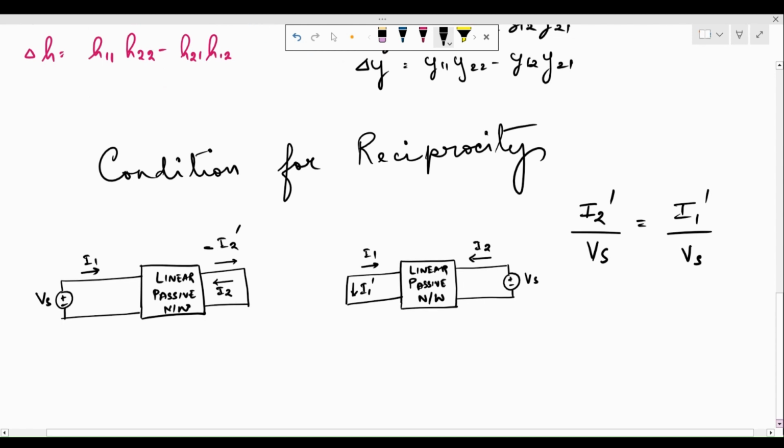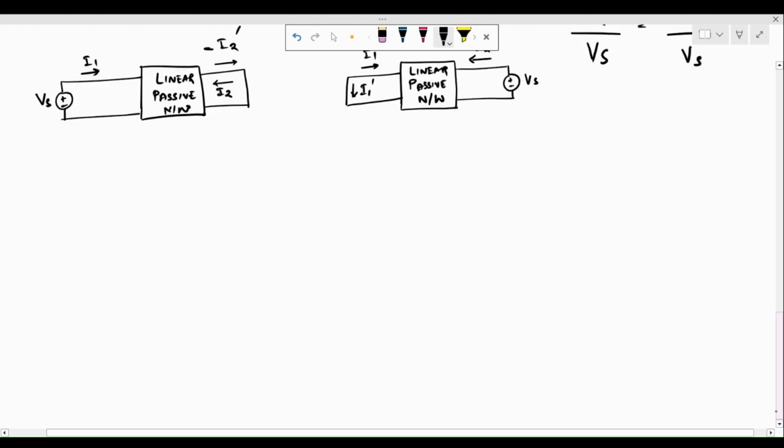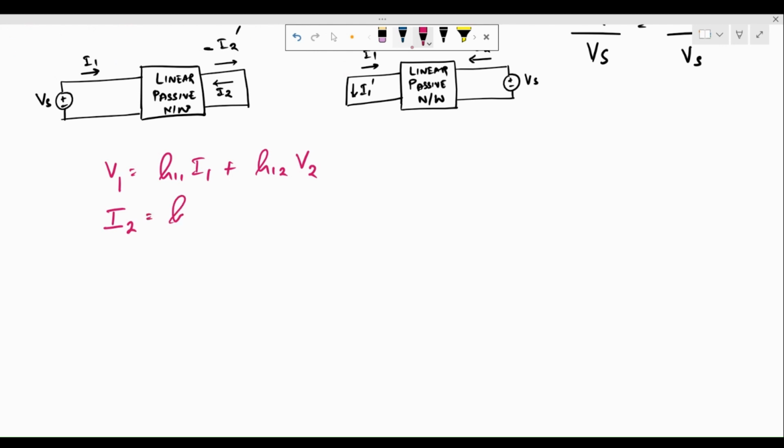So let's try to write out the H parameter equation first. We know that V1 is equal to H11 I1 plus H12 V2, and I2 is equal to H21 I1 plus H22 V2.